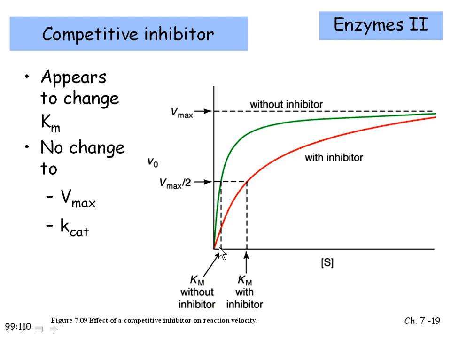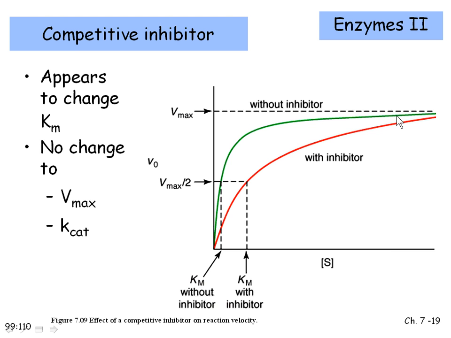But if we add some inhibitor, now some fraction of the time, the active site will be occupied by inhibitor instead of by substrate, and it can't catalyze a reaction. But we should be able to overcome that by adding more substrate. If down here it's a 50-50 probability of having a substrate versus an inhibitor, if you add more substrate, at some point you're almost certain to get substrate instead of the inhibitor because there are so many more substrate molecules.